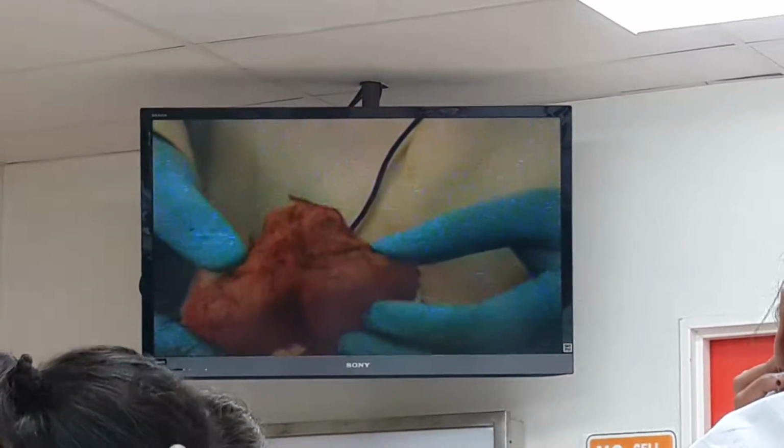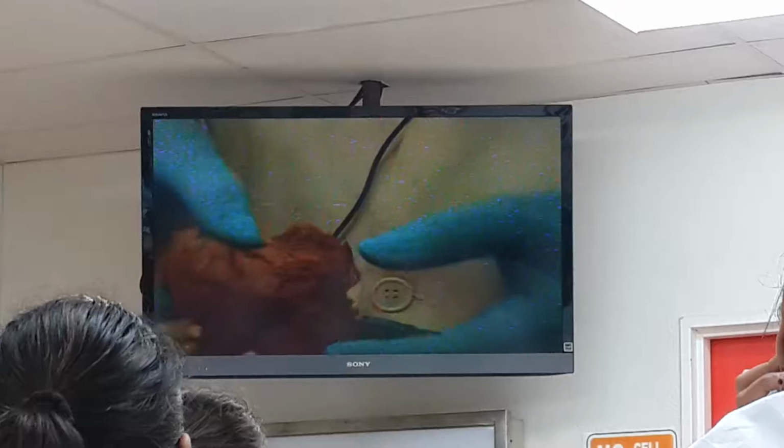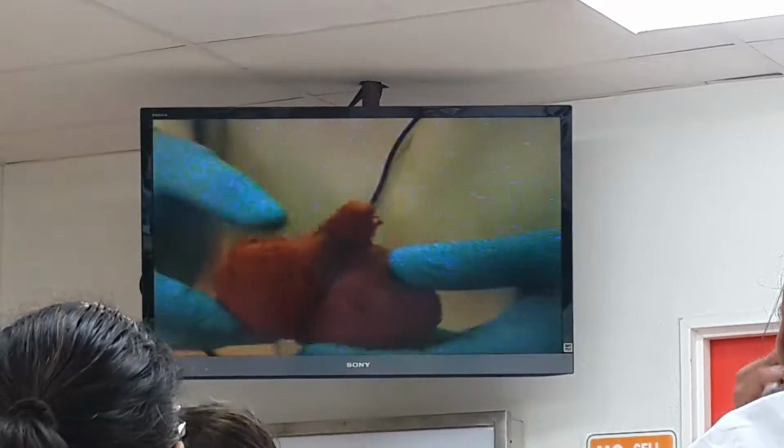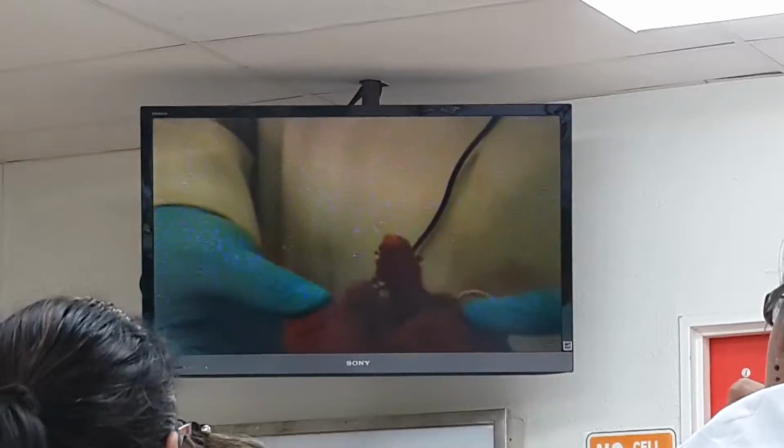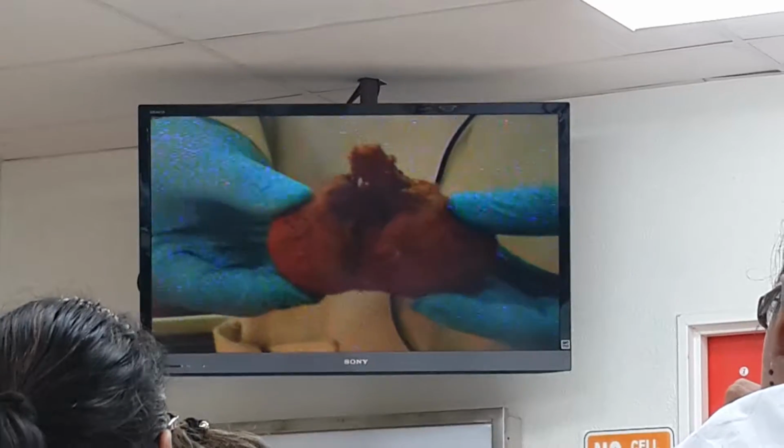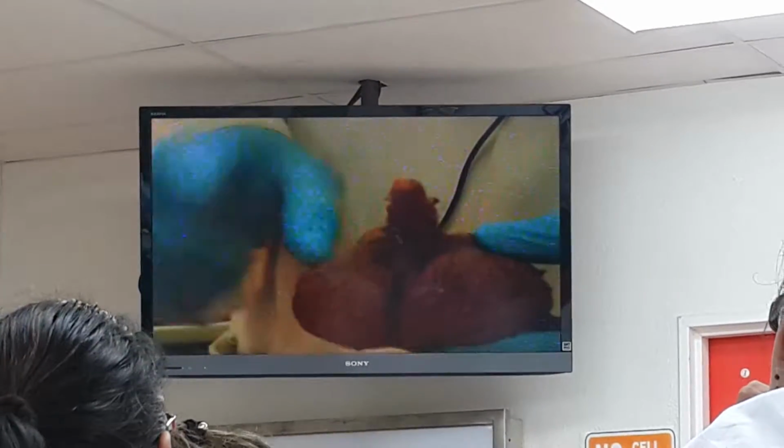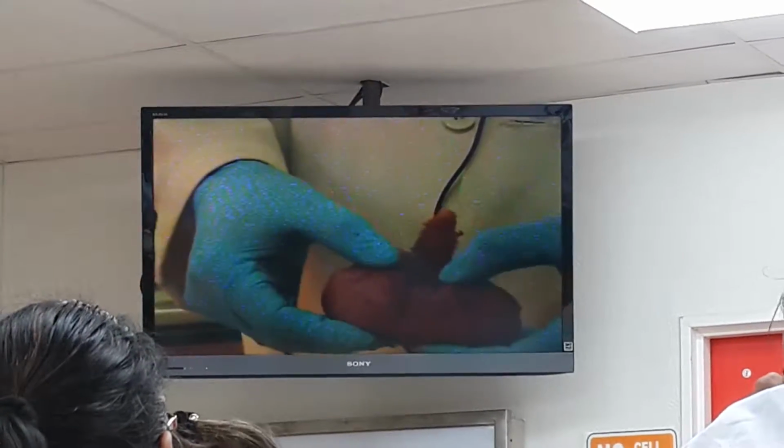If you turn the cerebellum and go to the inferior surface now, this is the inferior surface of the cerebellum. Again these are the hemispheres. And where is the vermis now?